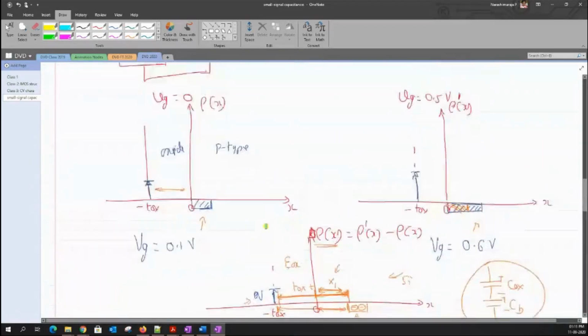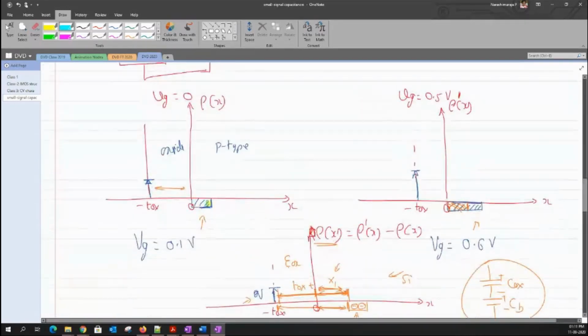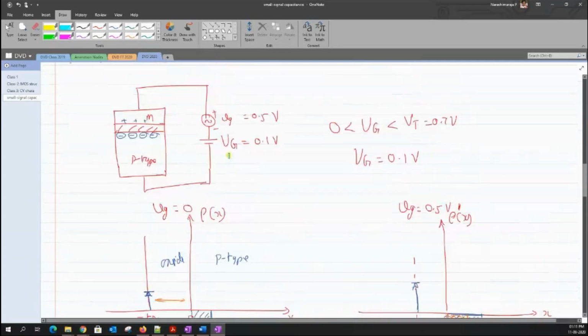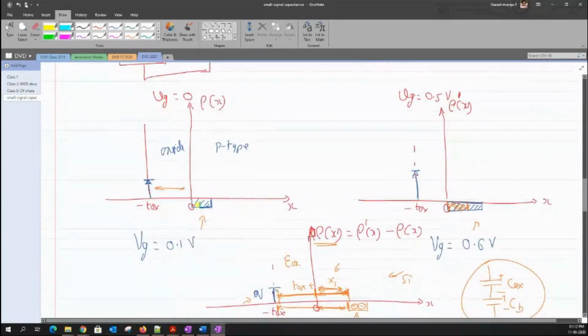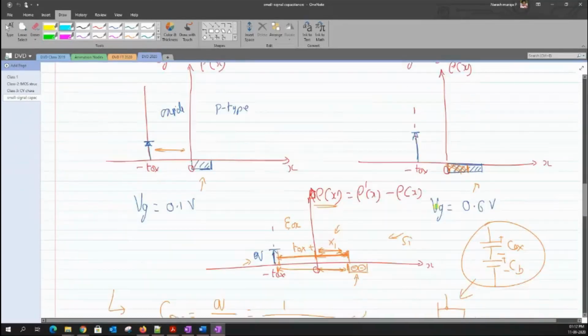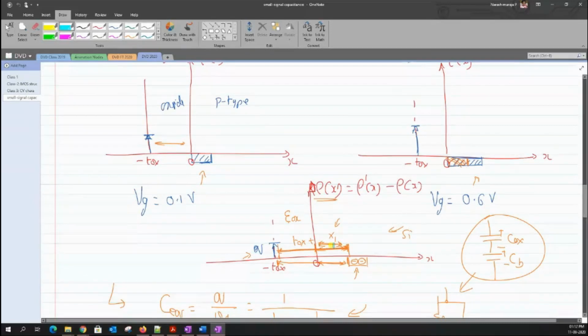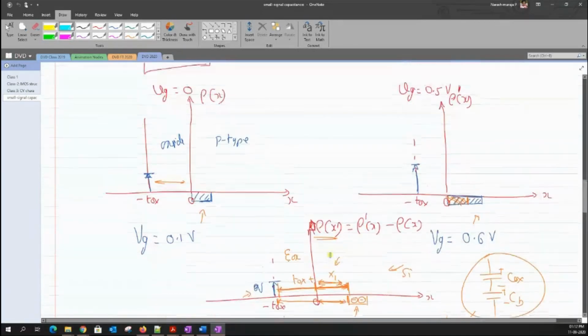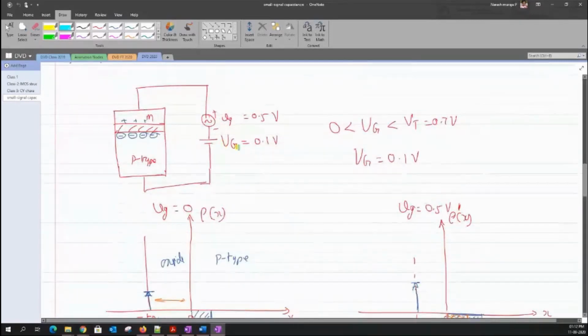The depletion width that I have marked here depends on the particular value of the bias voltage VG, so it is written as a variable x1, a quantity that varies with the gate voltage that I apply.